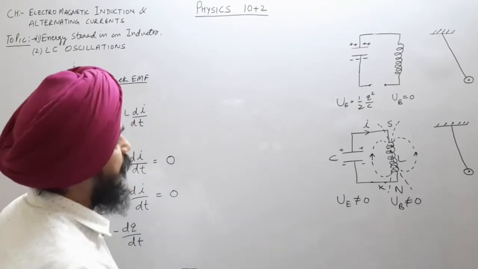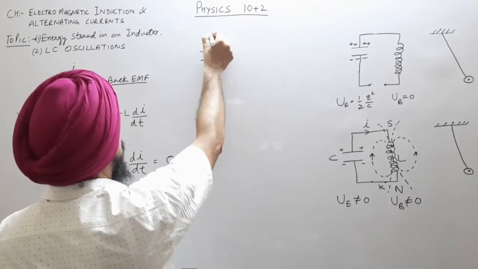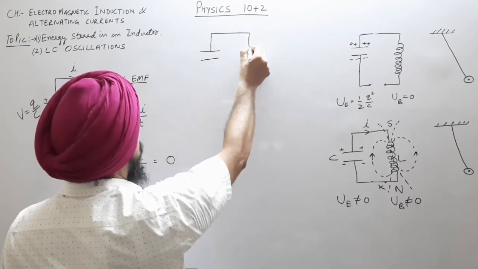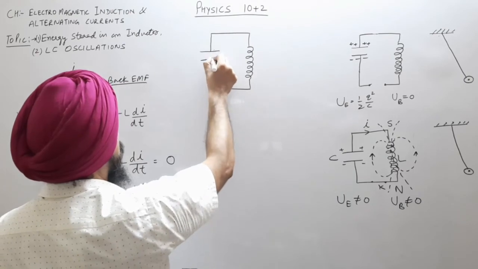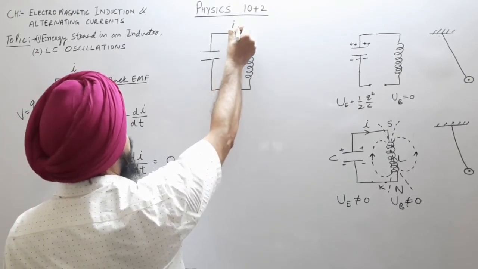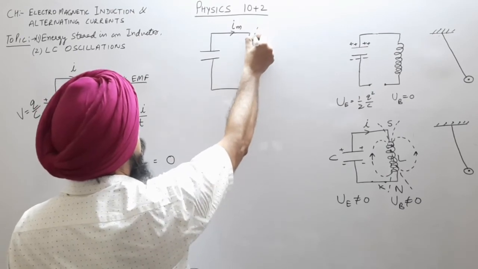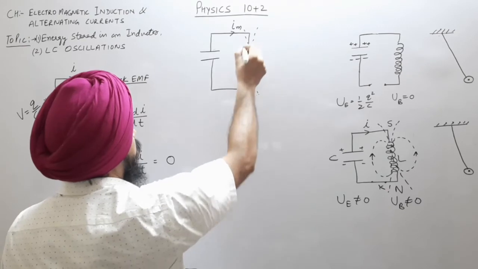So considering the third diagram, in the third stage, the capacitor is fully discharged and the current grows to its maximum value, making the solenoid a strong magnet.